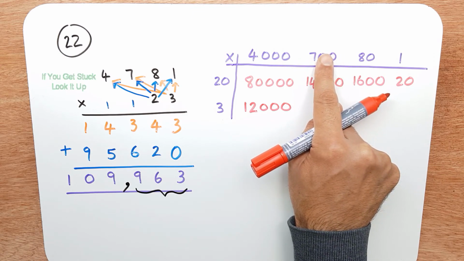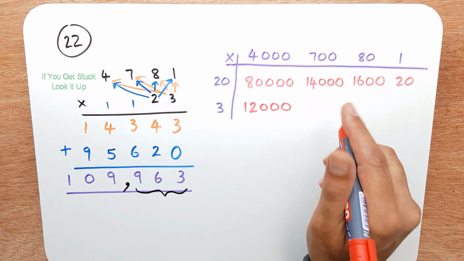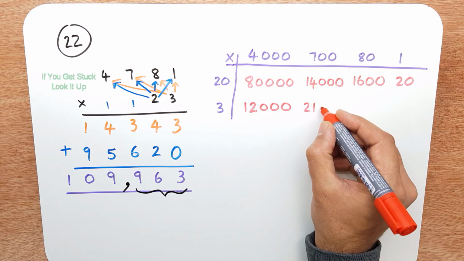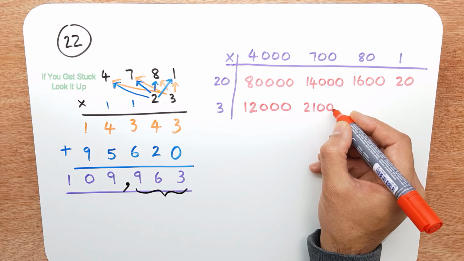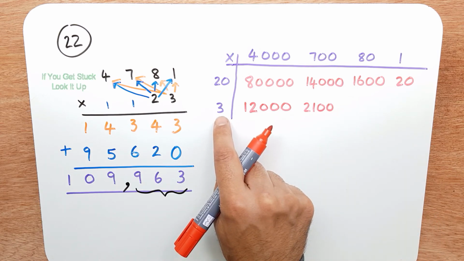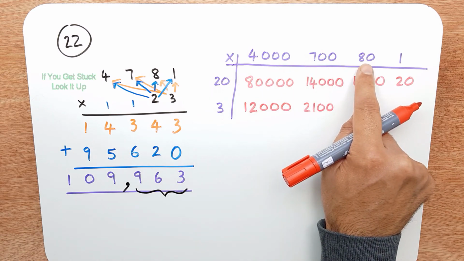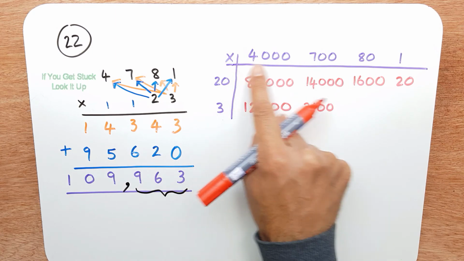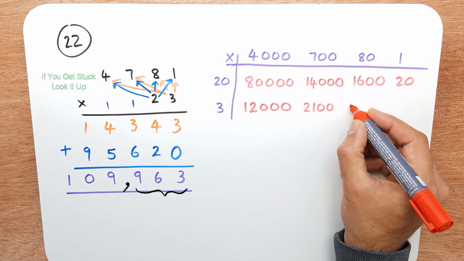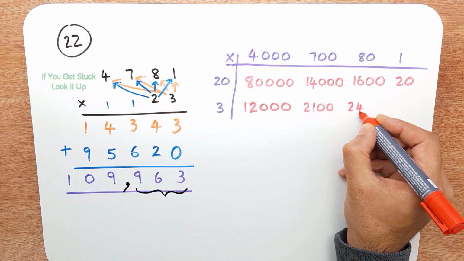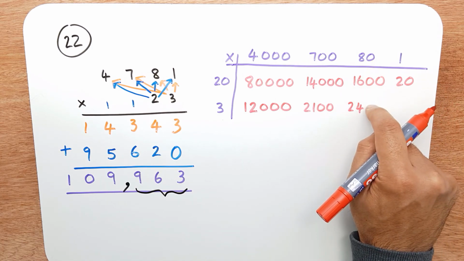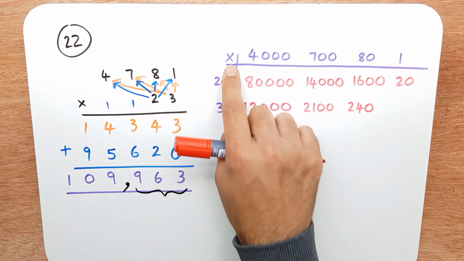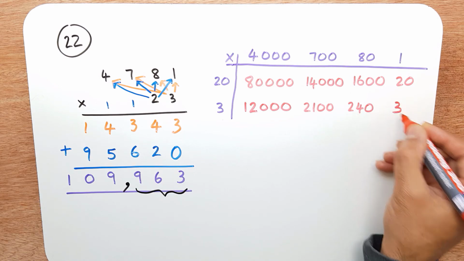Hide the 2 zeros. 3 times 7 is 21. Bring the 2 zeros back. Now we do 3 times 80. Again, hide the 0. So 3 times 8 is 24. Bring this 0 down. And finally we do 3 times 1, which is 3.